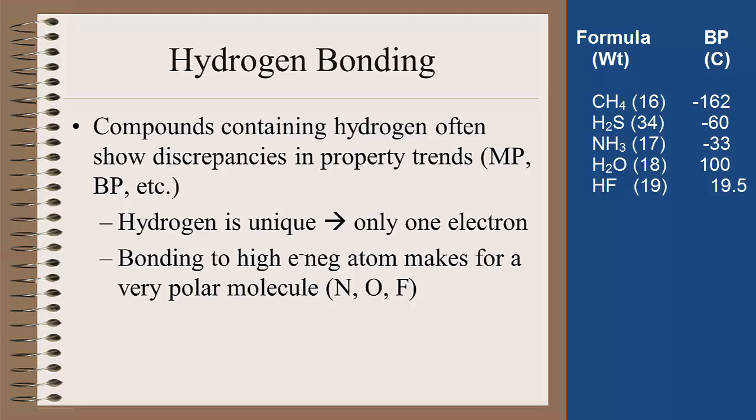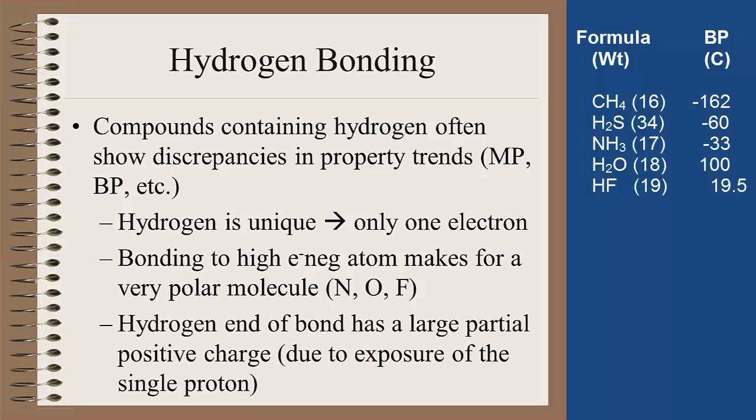Not only does it create a polar molecule, but an extremely polar molecule, and having an even stronger electrostatic potential, an even stronger partial positive, partial negative charge, means that it's going to have a greater force of attraction to adjacent molecules.